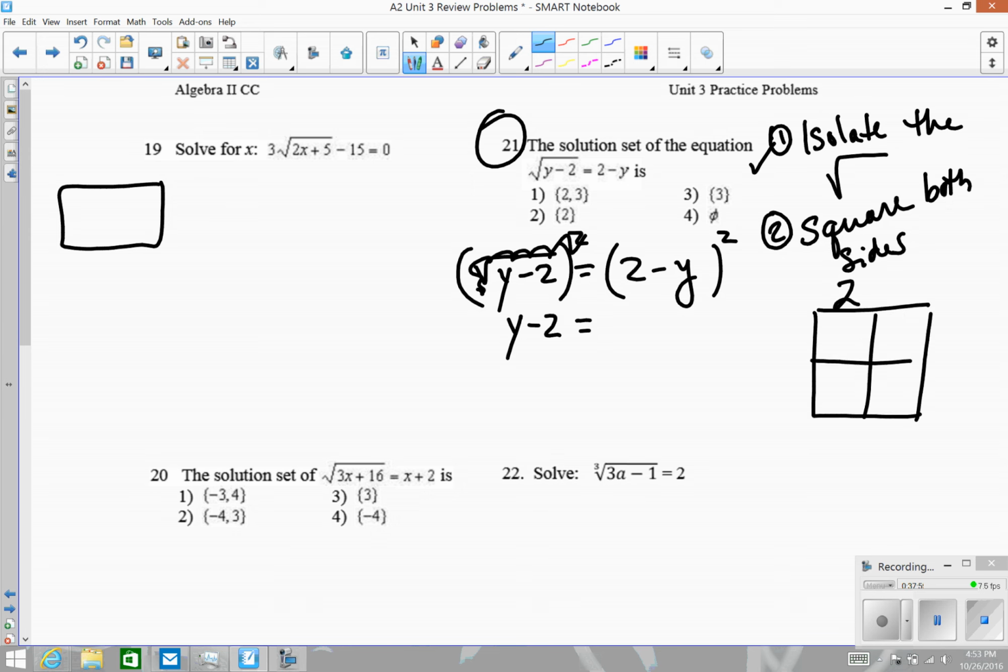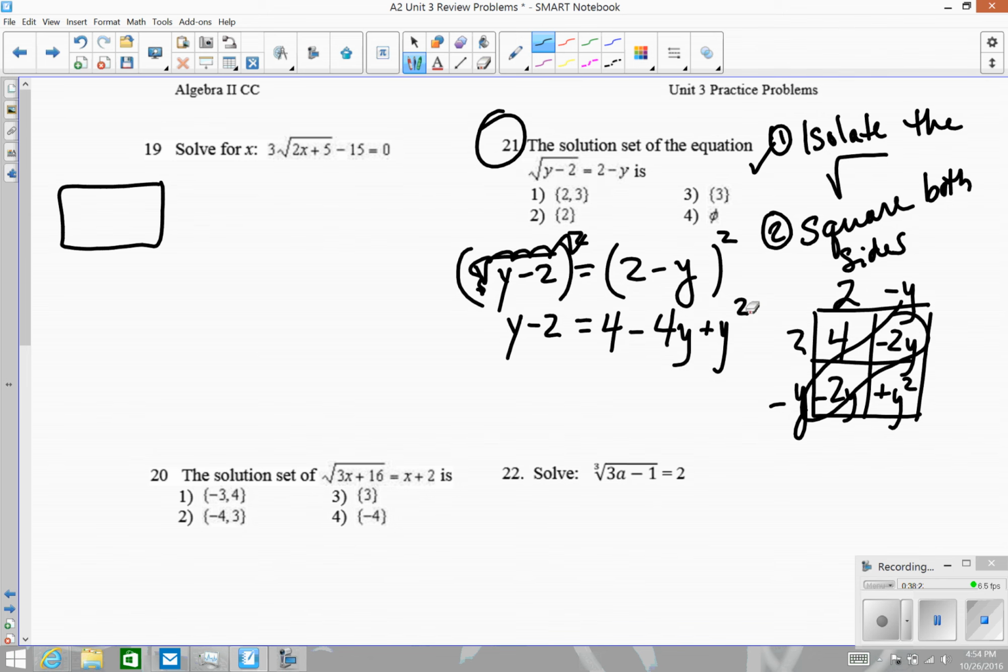I need to multiply that out. I'm going to get 4 minus 2y and minus 2y, and plus a y squared. So here I have 4. Combining my y's, I have minus 4y total and a y squared.